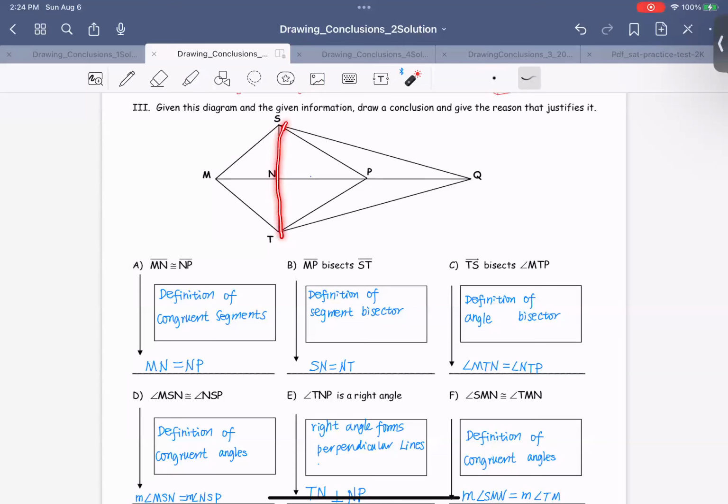Say this bisects angle MTP, you will have angle MTN congruent to angle NTP. And you write down this is because definition of angle bisector.